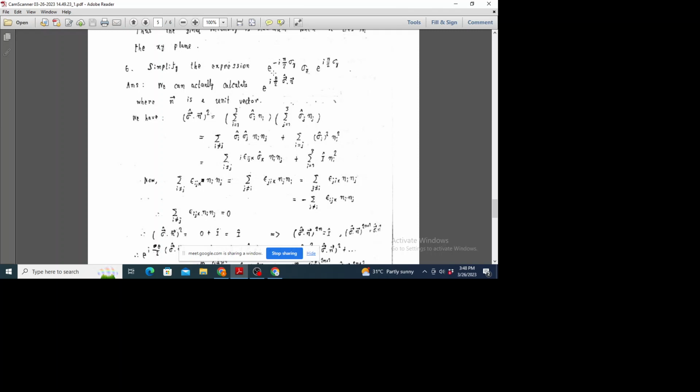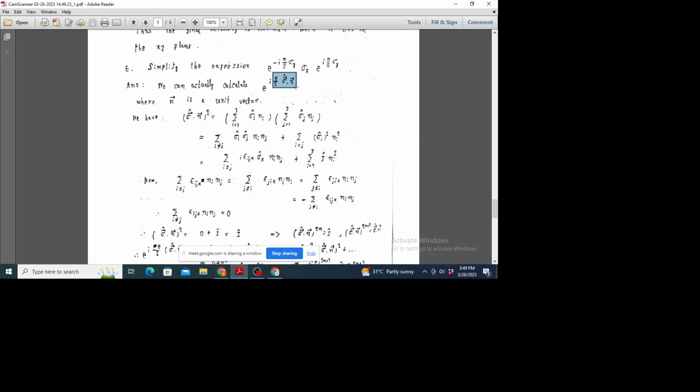here it is theta by 2 sigma dot n. And I said n is a unit vector. So can we consider that theta by 2 n vector, so theta by 2 is like the magnitude of the vector of which n is the unit vector?